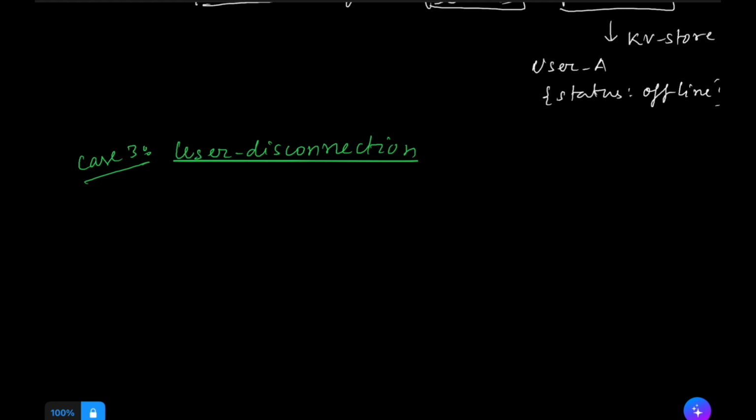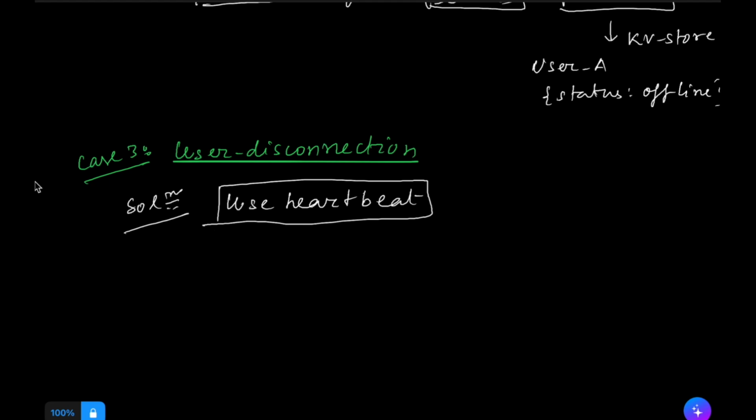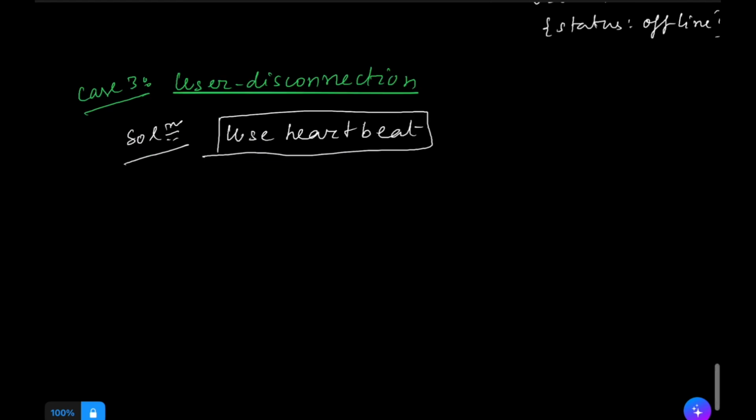So for this, the solution we use is a heartbeat. So what is that heartbeat solution? The online client sends a heartbeat to a presence server periodically, and if the presence server receives the heartbeat in the particular defined period of time, it means that the client is online and the status of that client is shown online.